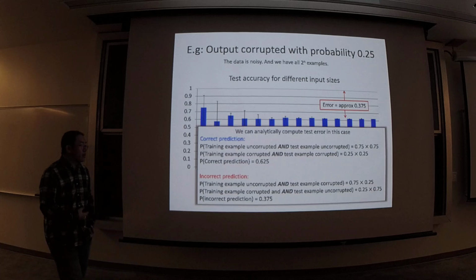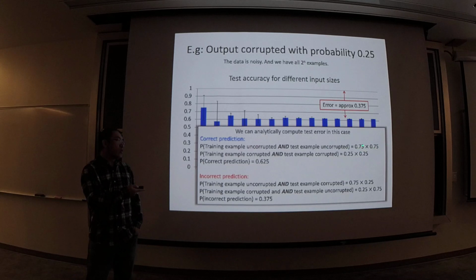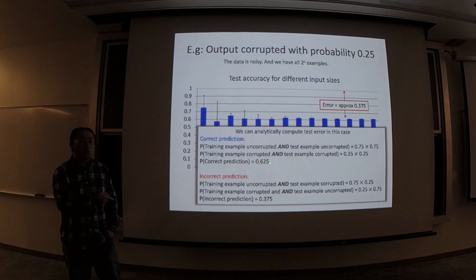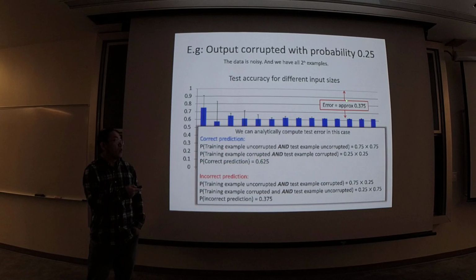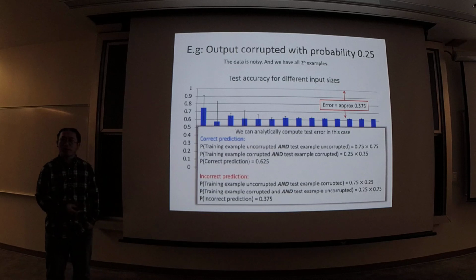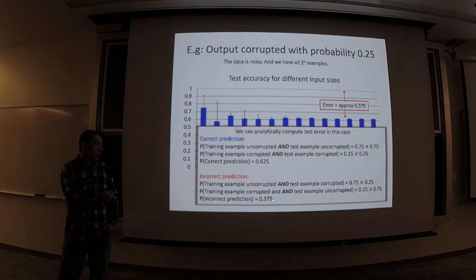So now the total chance that you make a correct prediction for an actual example is just to add up these two probabilities. That is 0.625, and the test error will be 1 subtracted by 0.625, which is 0.375, right? And of course, you can enumerate all the cases where you make an incorrect prediction and sum over the probabilities of each case. You end up with 0.375 directly.